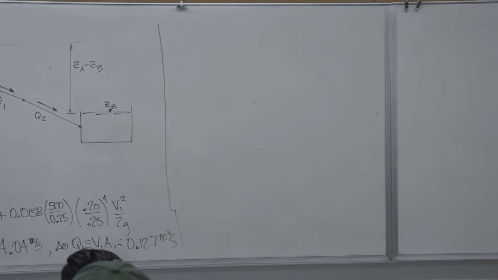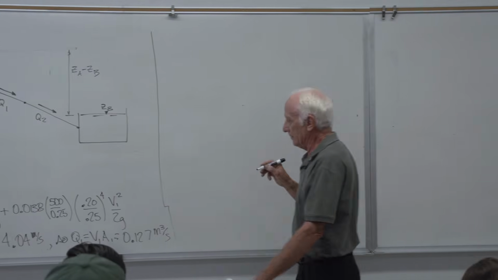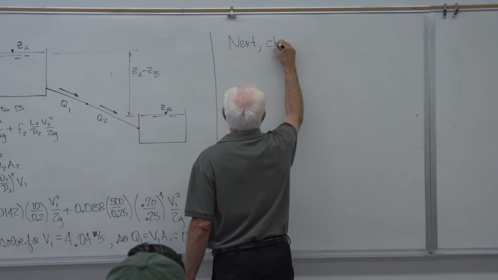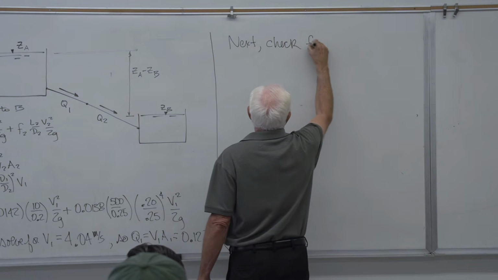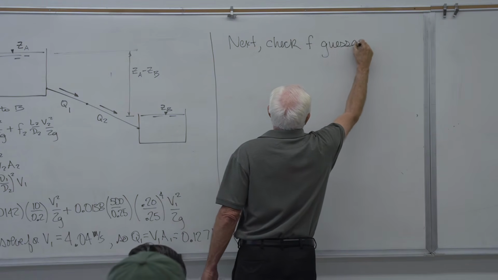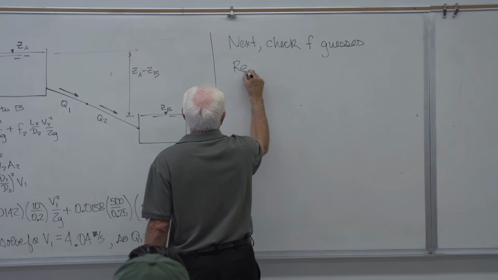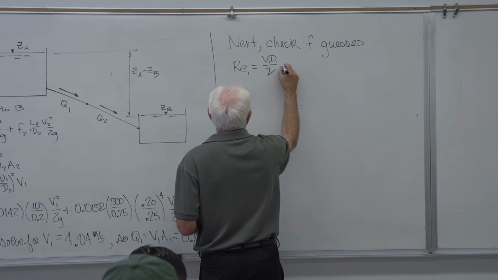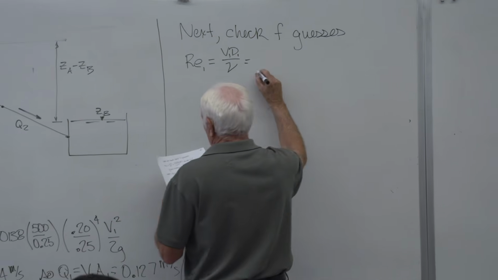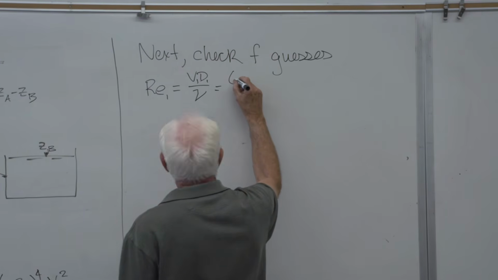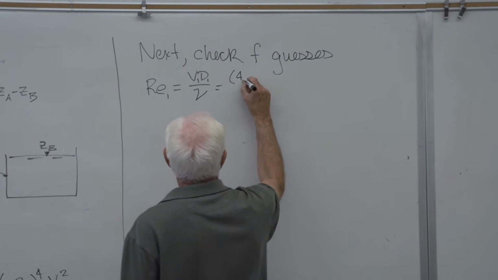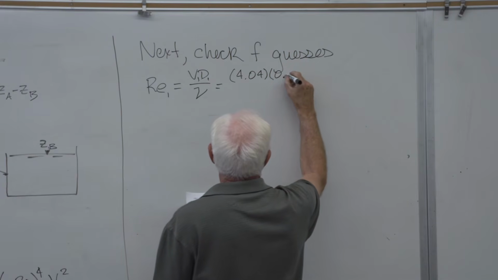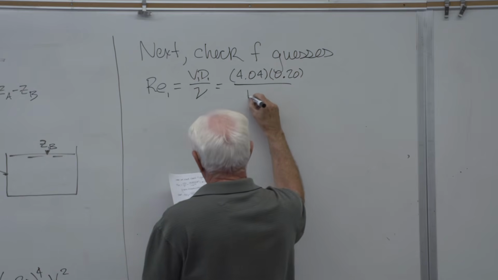Well, now I find a new Reynolds number. So I get Reynolds number 1, V D over nu. 4.04 velocity, times the diameter, 0.2, over the kinematic viscosity.